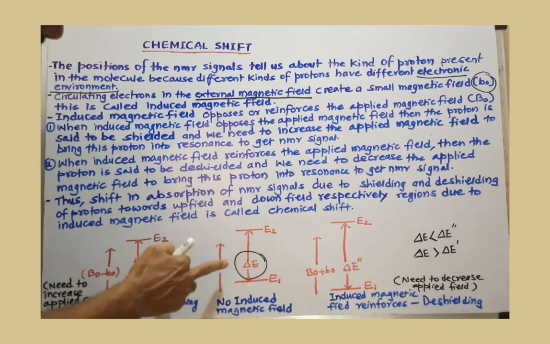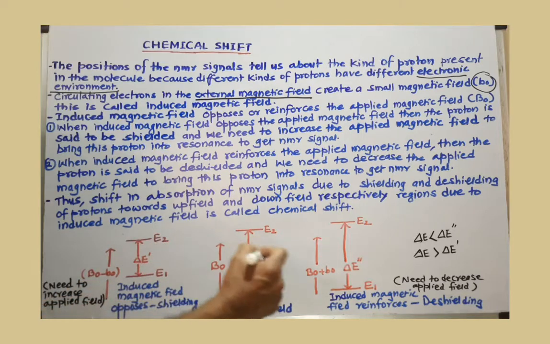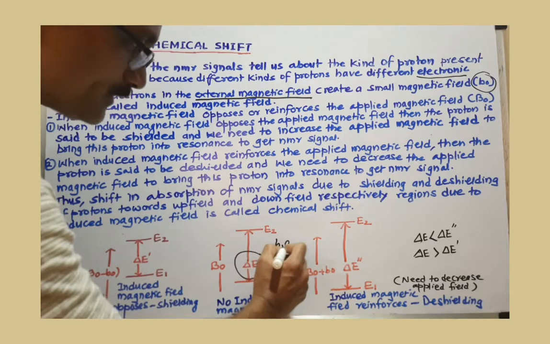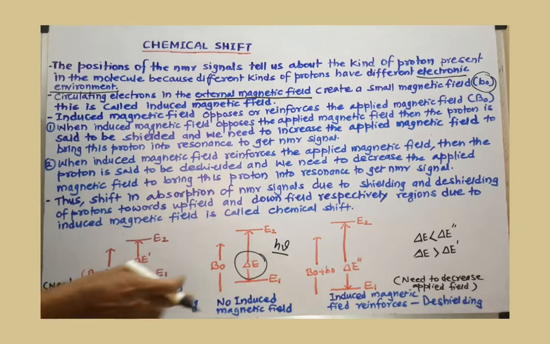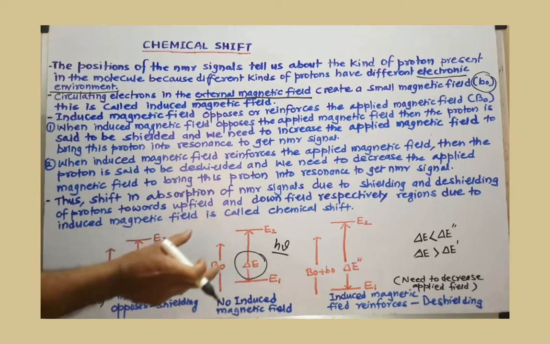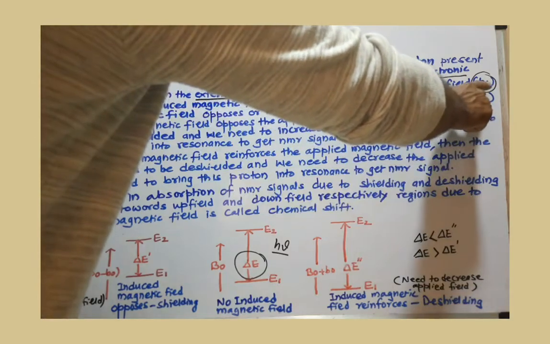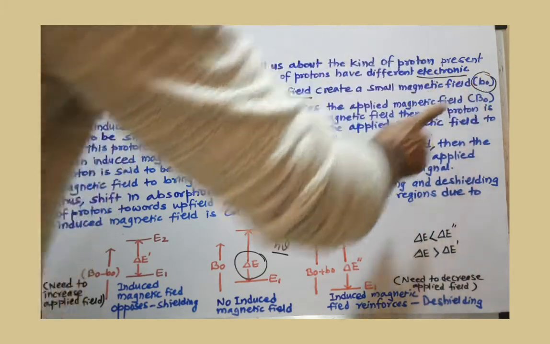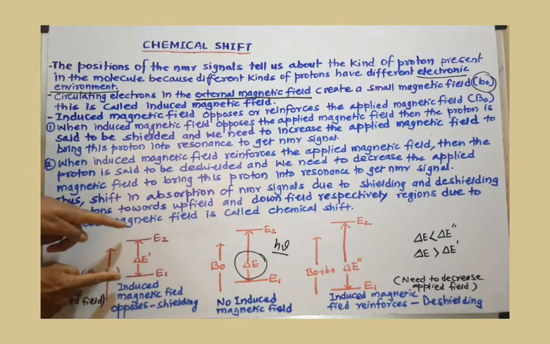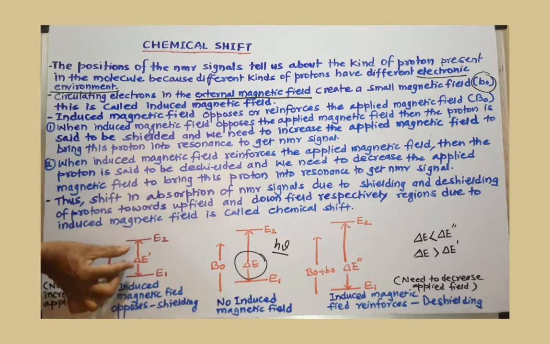This is constant, the energy of the radiation, that is h nu. h nu is constant, suppose, and this gap we expect, but actually when the applied magnetic field is opposed by the induced magnetic field, you can check here in this diagram, this is a decrease, so the delta E value is decreased.